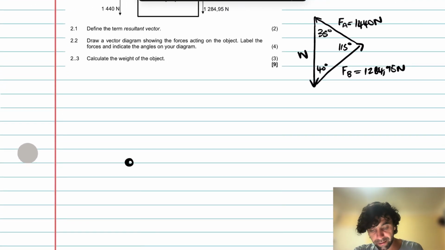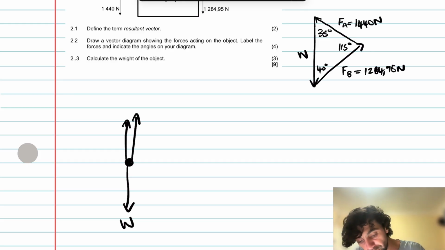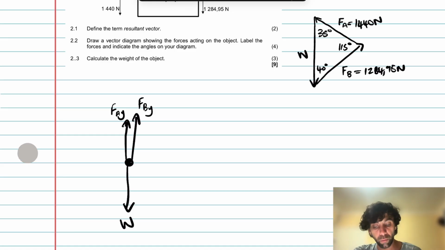So basically what I have here now is my weight going downward, which is the force that I'm trying to calculate. And I have two forces acting upwards, namely FBY and FAY. What does that mean?